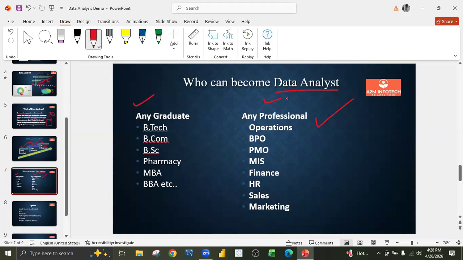What is your domain, Harappa? Senior analyst, in US mortgage. Okay, I'll give one example. Let's say you are working in the marketing domain, and in future there is an opening for a data analyst in a marketing department or a company totally based on marketing.